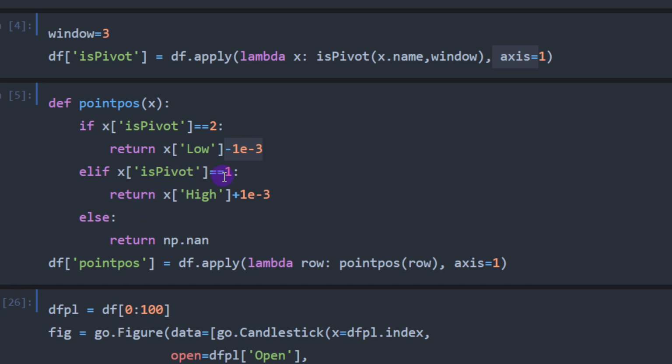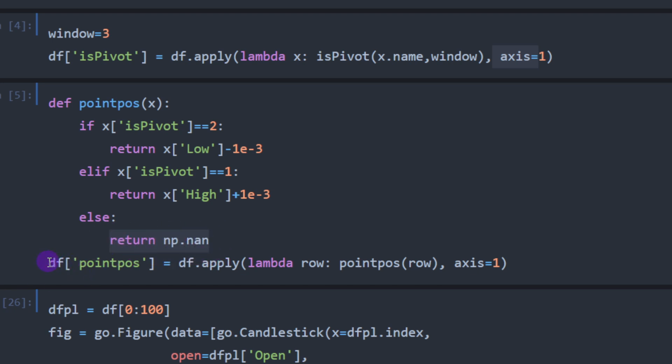In the opposite direction, when we have label 1 for the pivot, so it's a pivot high, and the future candles are going down, we're going to return a position that is slightly above the highest point of the current candle. Otherwise, we return the numpy not a number value.